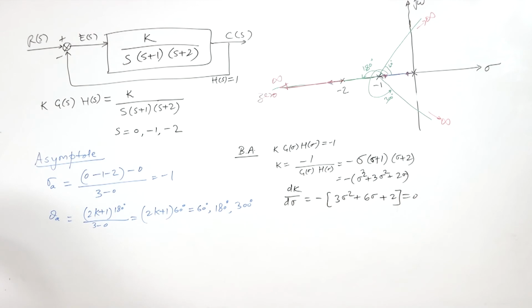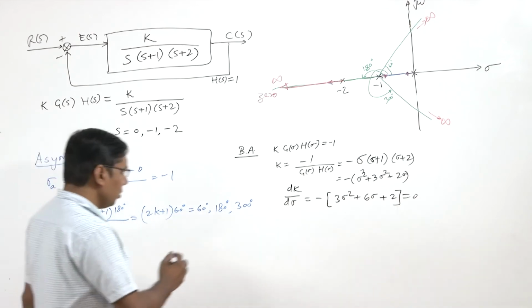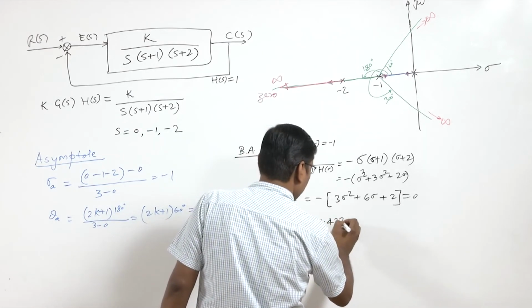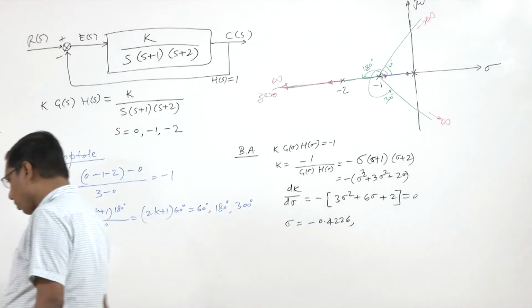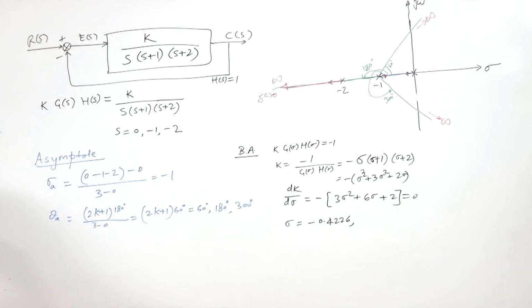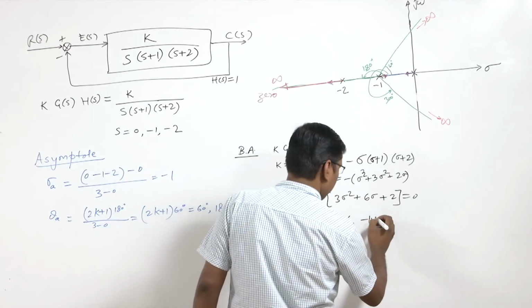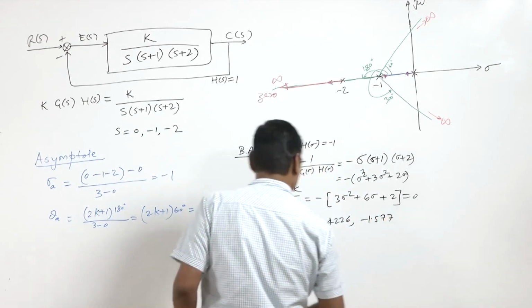And from here we can get sigma equal to minus 0.4226 and minus 1.577.